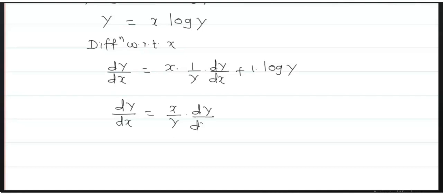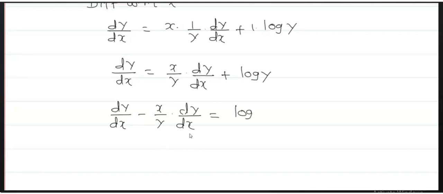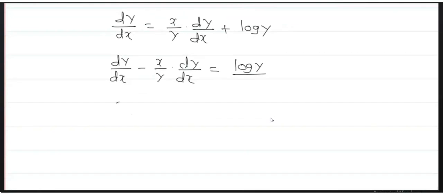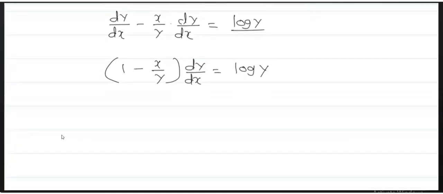Now collect the terms of dy by dx. You will get x upon y into dy by dx. That is, dy by dx is equal to x upon y into dy by dx plus log of y. That is, dy by dx minus x upon y into dy by dx is equal to log of y. Collect the dy by dx. That is, 1 minus x upon y into dy by dx is equal to log y.